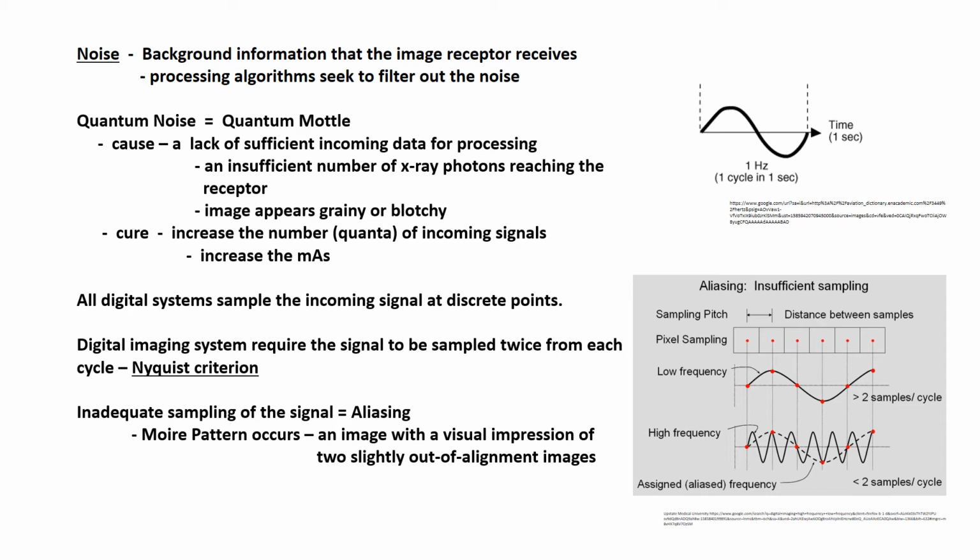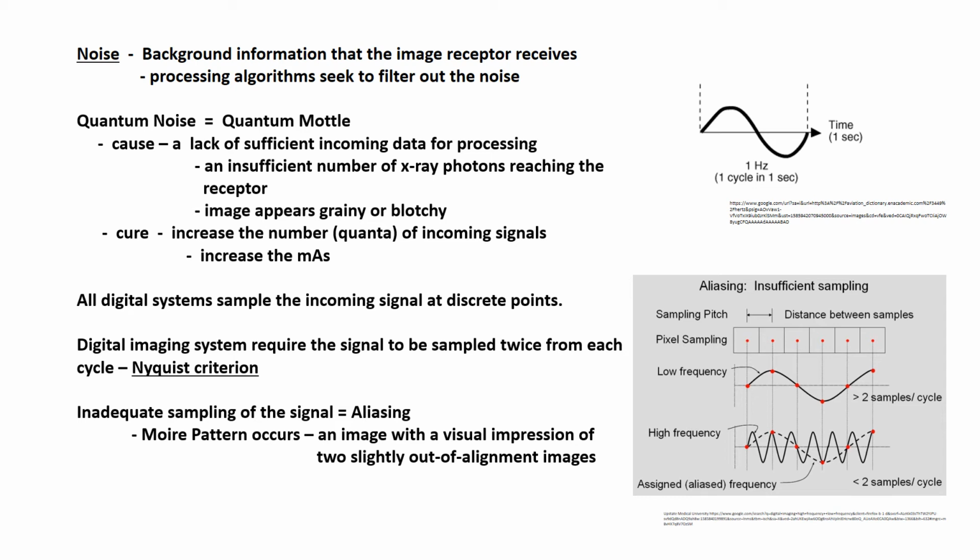When we look at the wave, a digital imaging system requires that the signal be sampled twice for each cycle. Now remember, a cycle is 2 alterations in a wave. So the computer has to sample the wave at least 2 times for there to be a decent looking image.